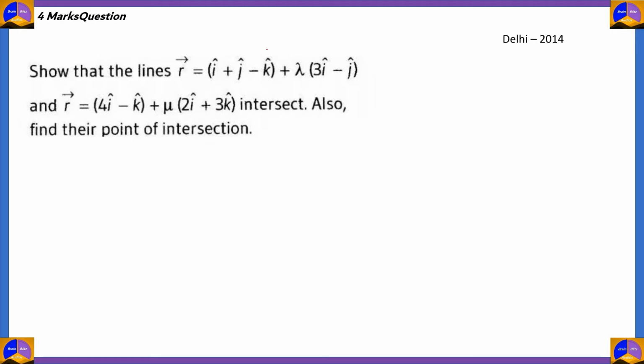So, since we have r is equal to i cap plus j cap minus k cap plus lambda times (3i cap minus j cap), let's write this in terms of their components. So we're going to split them according to their components.